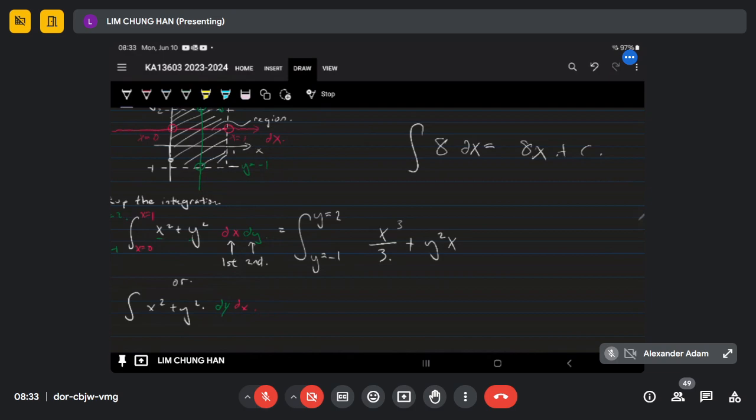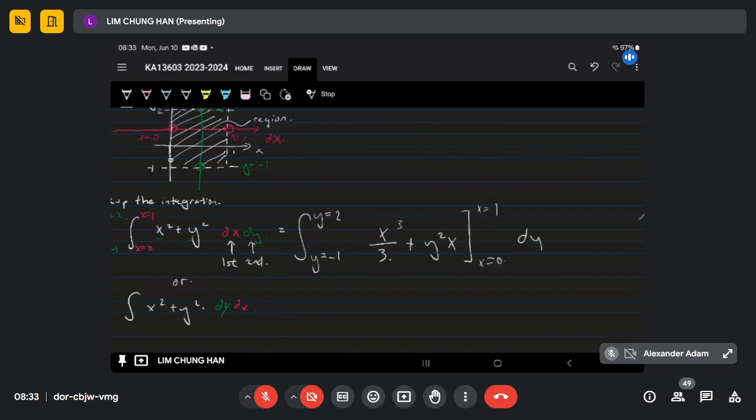Agree? So for this one, if I only have y squared, then if I integrate y squared, I get y squared x. And then your limits are 0 and 1.